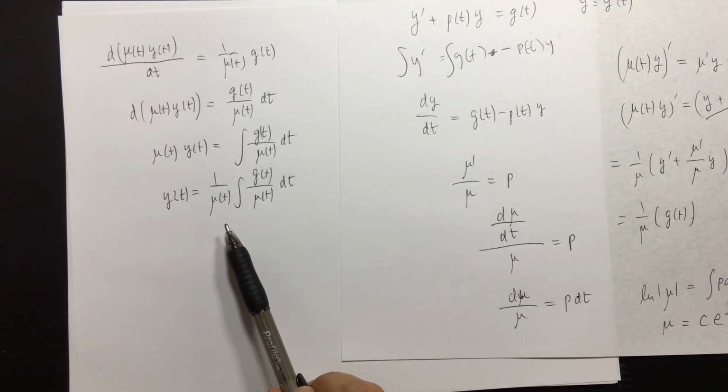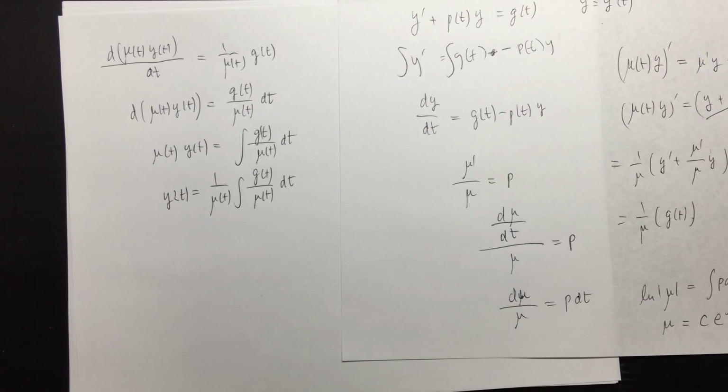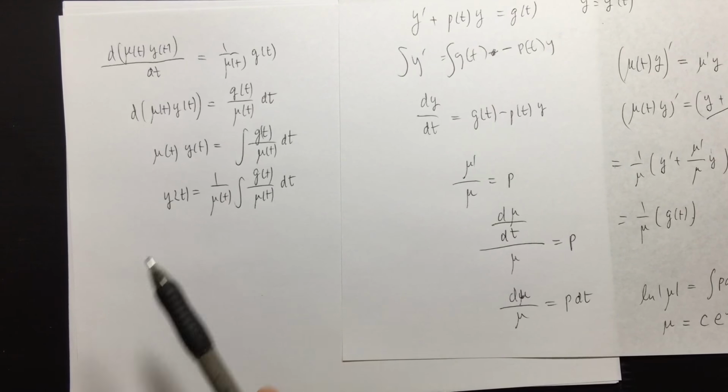Then you divide it over. In any case, I think I'm right. There could be some mistakes in there, but it doesn't really matter. The point I'm trying to make, here's the mu. Substitute it in, so you solve the y.